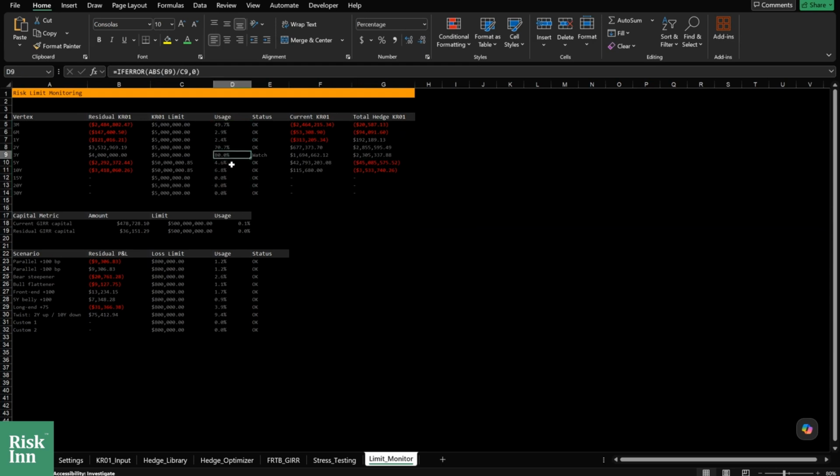Sometimes if it goes to, let's say, 80%, we might want to update the indicator as, hey, this is a watch item because you're almost close to the limit, right? 80%. If it is well under the limit, then it's okay. So you have to take these also into consideration when you design the hedge portfolio. Yeah, I think that's pretty much right.